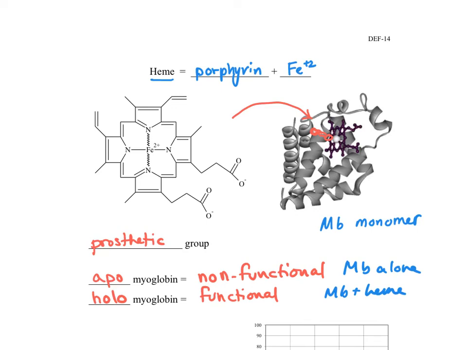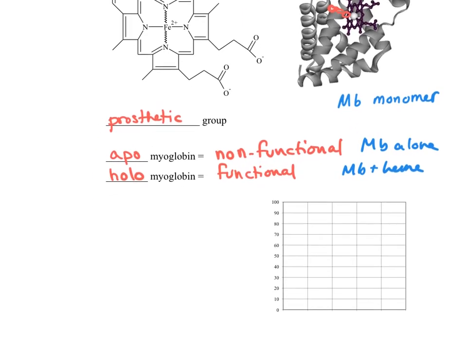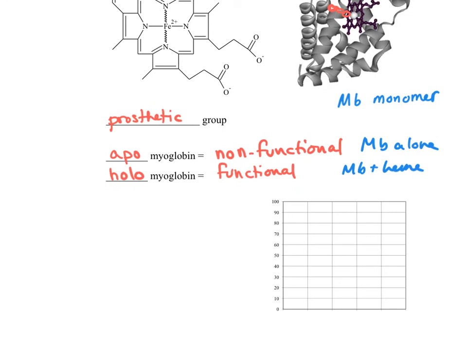So once we have myoglobin with a heme and particularly an iron in it, it is now free to bind oxygen. Let's go down to the bottom of the page, and before we move on to the next video, I want to give you a little chemical formula for the way we think about this.